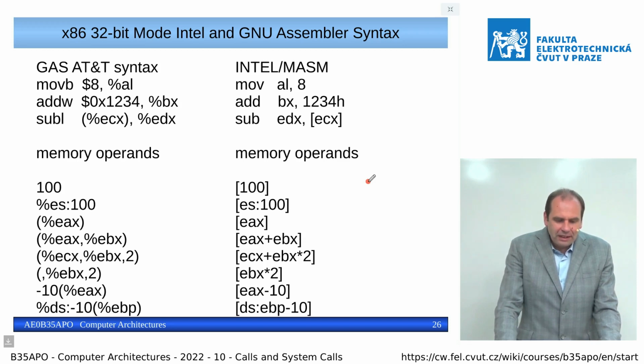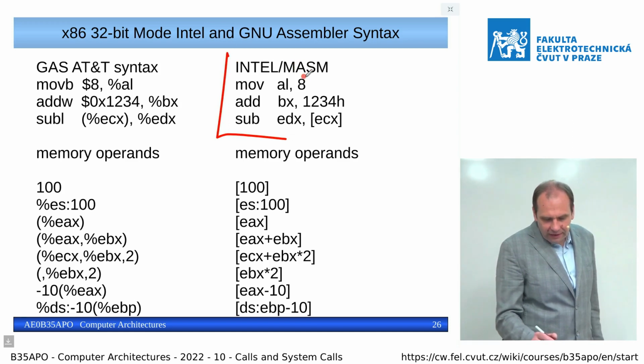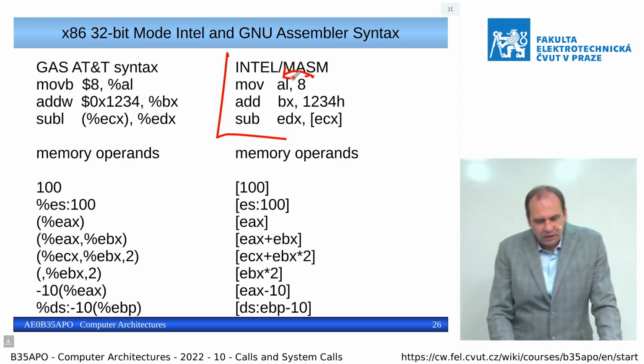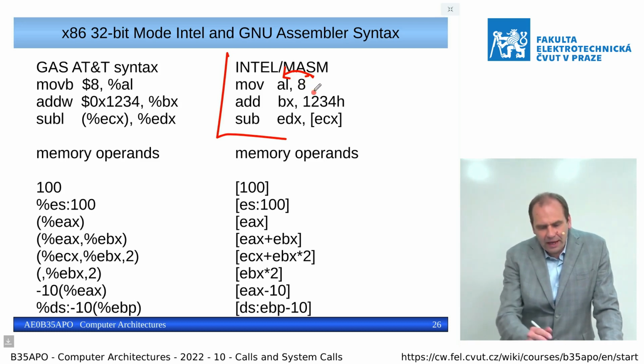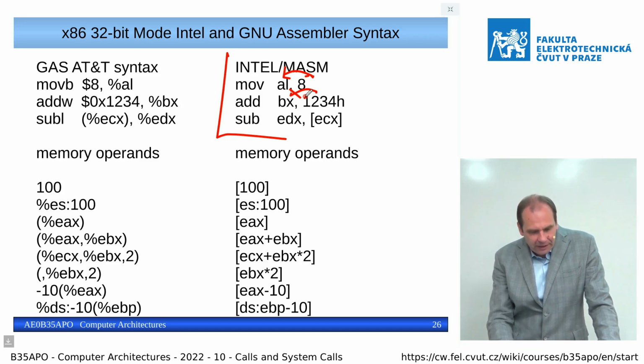The problem is that for x86, there exist more syntaxes for writing assembly language. This is the one proposed by the Intel company, and it assigns from right to left, the same or similar to our RISC-V assembly.